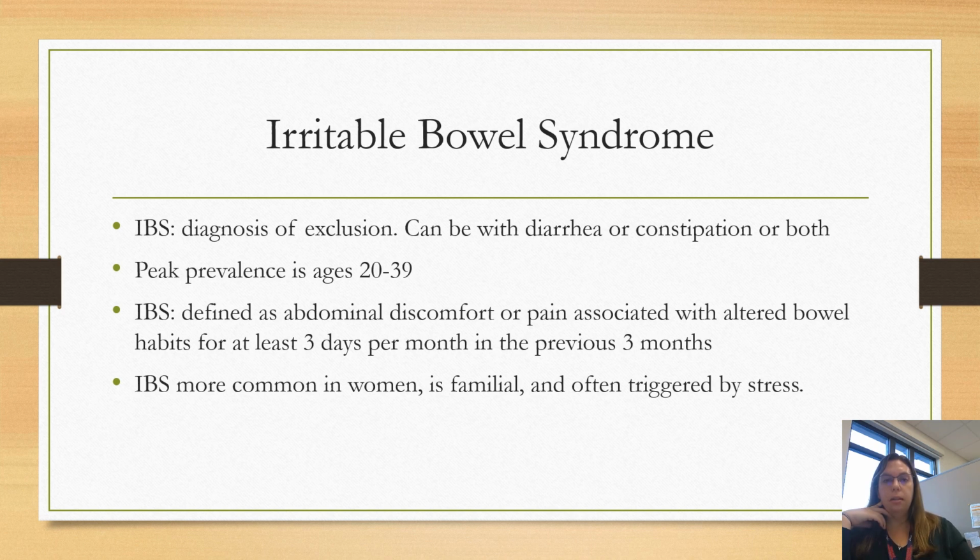It's defined as abdominal discomfort or pain associated with altered bowel habits, i.e. diarrhea or constipation, for at least 3 days per month in the previous 3 months. So it's not necessarily that you have to have diarrhea every day. But even if you just have diarrhea 3 times per month for 3 months, that's not normal. IBS is more common in women, is familial, and is often triggered by stress, like everything else in life.